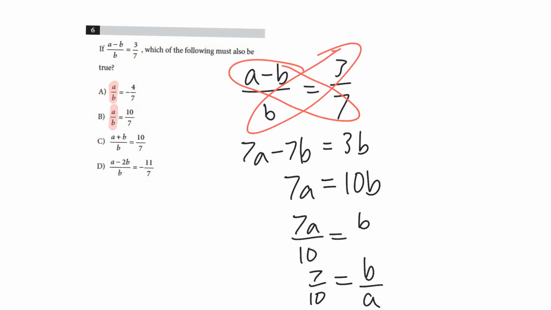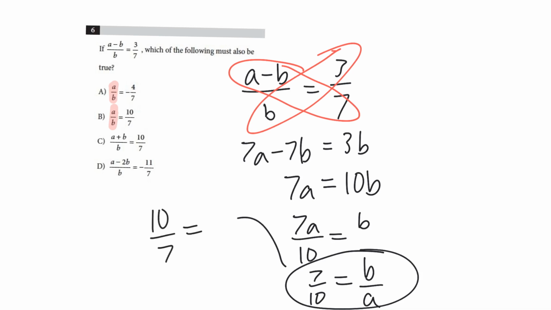All right, well, 7/10 equals b over a, and that's not one of our answers, but I know that I could take the reciprocal of both sides, and I would end up with 10 over 7 equals a over b. Well, that's just this one right here. Answer B.